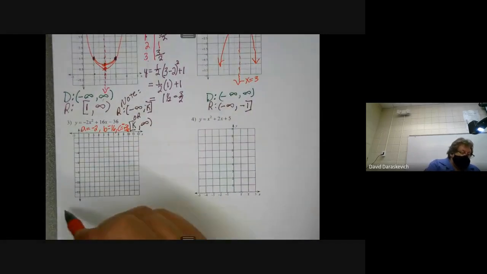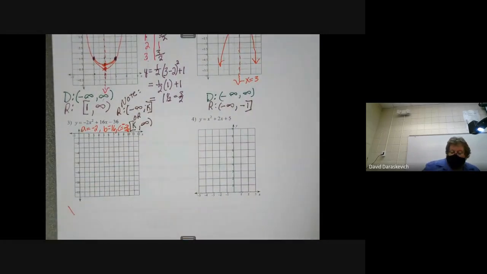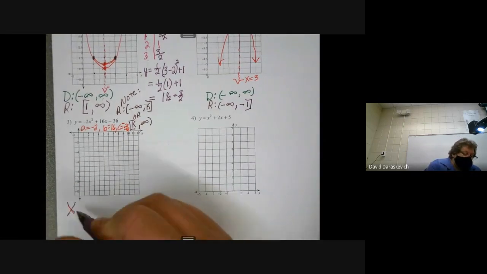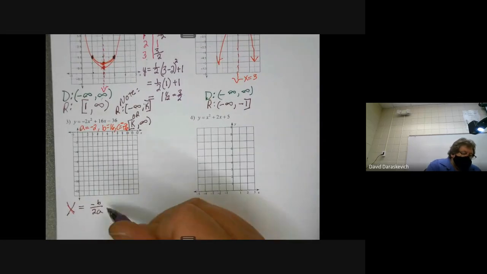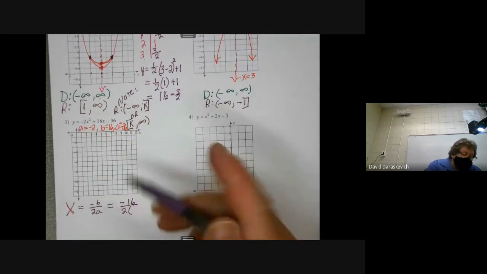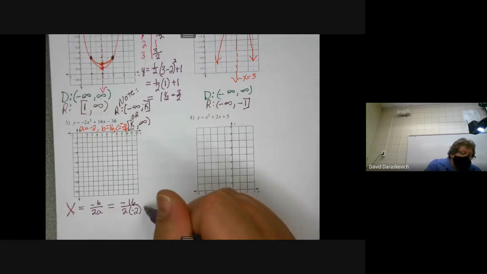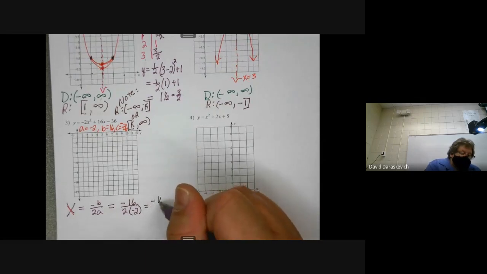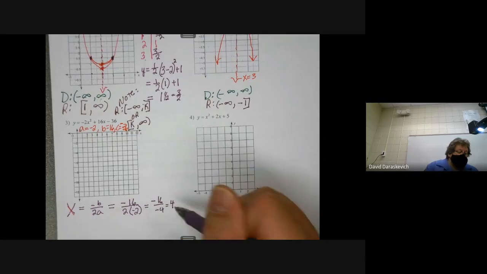Okay, so my x equals -b over 2a. This is the x coordinate of the vertex, which equals -16 over 2 times my a, which is -2. So I have -16 over -4, which equals +4.